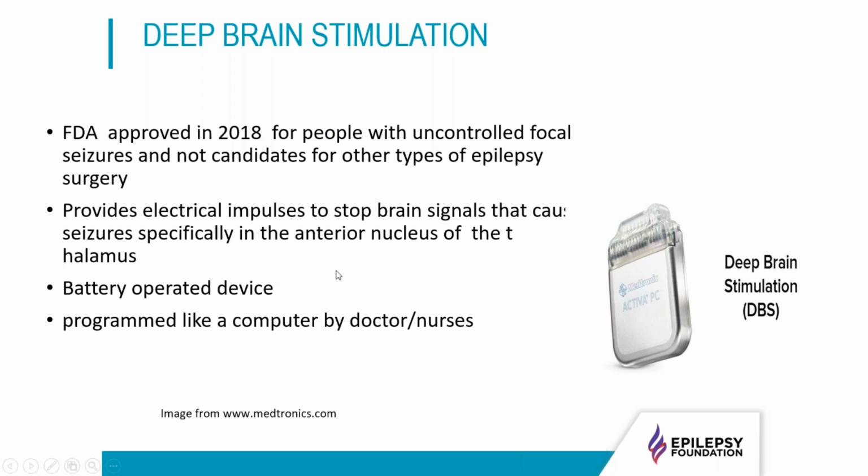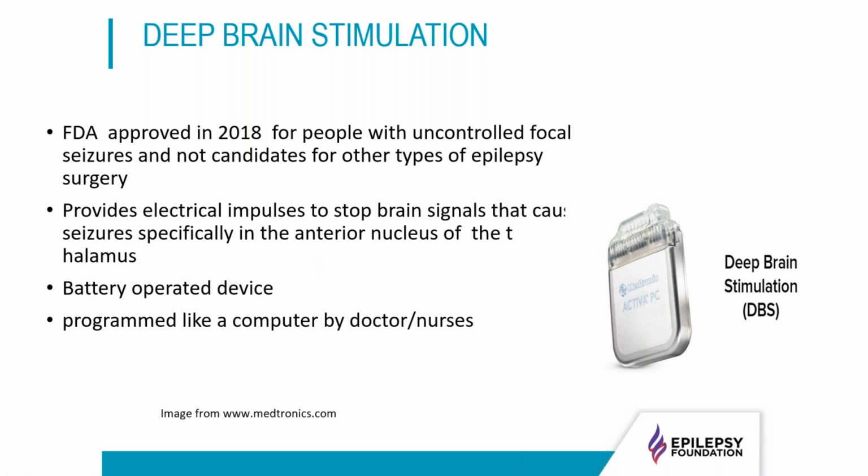So for people who have temporal lobe epilepsy in particular, what they're doing is this is the device that, like the VNS, is implanted under the skin on the chest. But this time the leads are threaded. There's going to be 2 incision points, and they'll be very small.